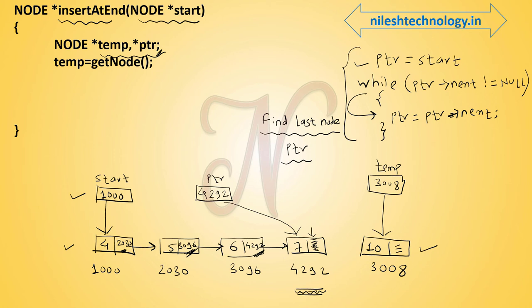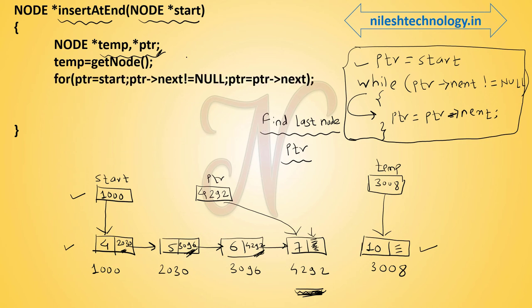Now this node has a name, ptr. This code can also be written by using a for loop. These 5 lines are written by using this single line. So write your code by using a while loop or a for loop.